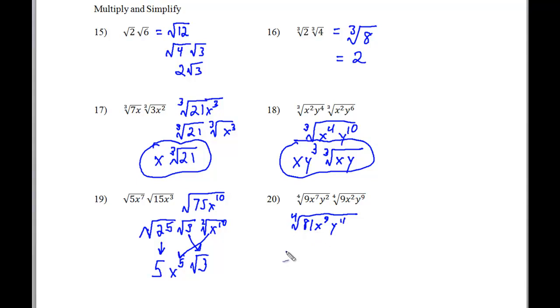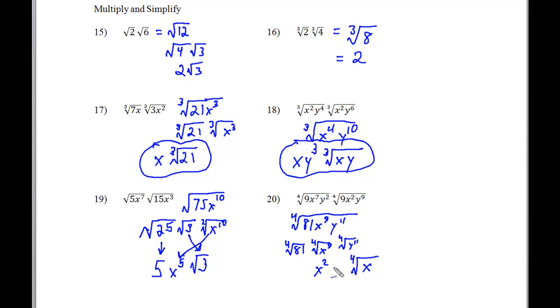Now, the 4th root of 81, that's going to be a whole number 3. But now we have to think about the 4th root of x to the 9th. Now, 9 cannot divide 4 evenly, but 8 can. So that leaves me with x squared with an x underneath the 4th root radical here. Now, y to the 11th under the fourth root, 11 cannot divide 4 evenly, but 8 can.